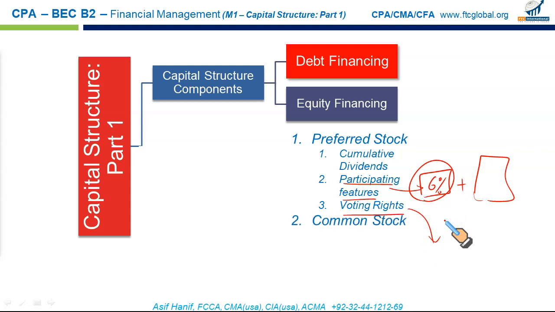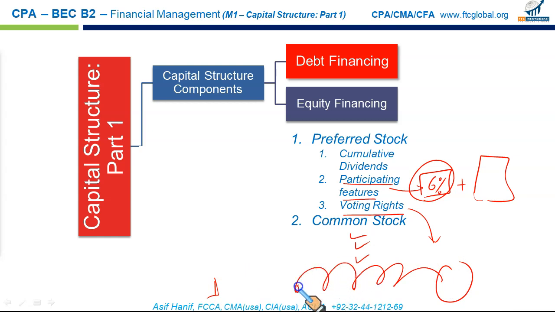Then we have common stock. As I discussed, common stock represents the basic equity ownership. They have the voting rights, and they are the ones who are standing last in line. When the company is liquidated, we pay the bondholders, secured bondholders, mortgage bondholders, and so on, and preferred stockholders.